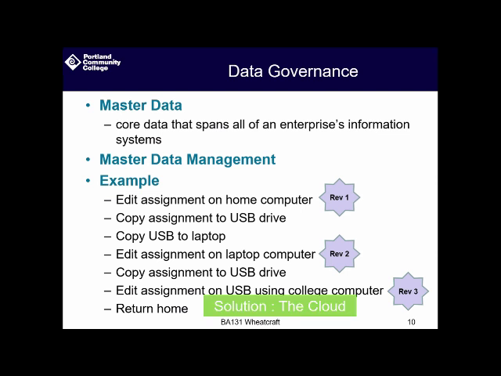The cloud. If the information is stored in the cloud, then everyone who edits it is making changes to it in one specific location. The problem when you copy something down to a USB drive and then make changes on that is, did you get it synced back to the source location? Or have you now created a standalone piece of information?